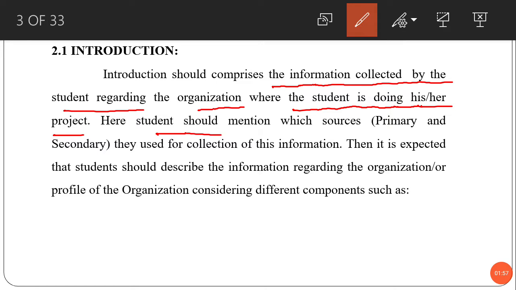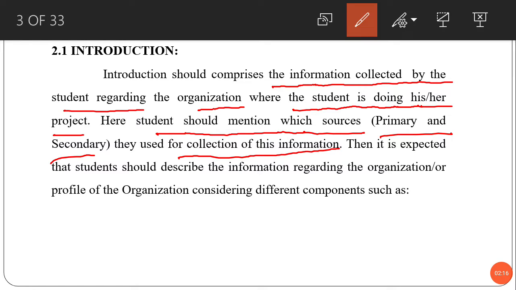Here, the student should mention which sources, primary and secondary combined, they used for collection of this information.